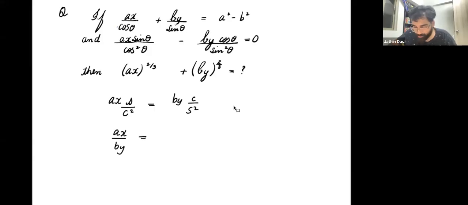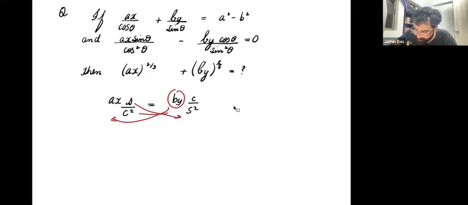You can do it the other way around, anyhow you will get it. So what I do is bring b down and cross multiply. So ax by b, and this cos square will go upper, it will become cos cube by sine cube. Correct?